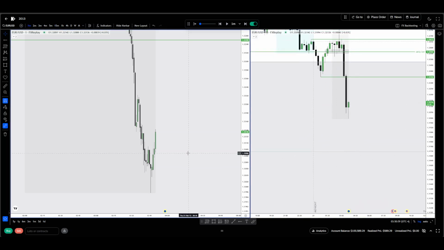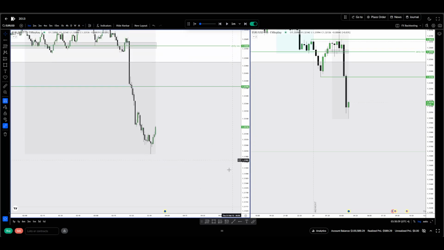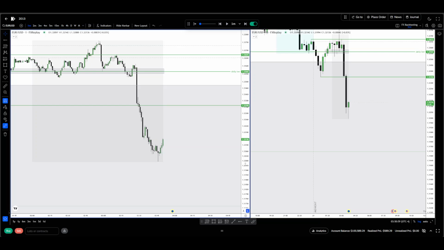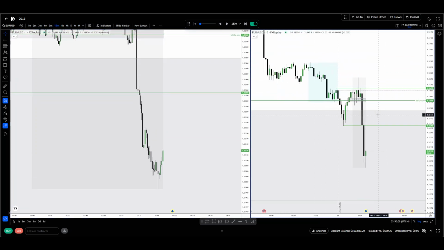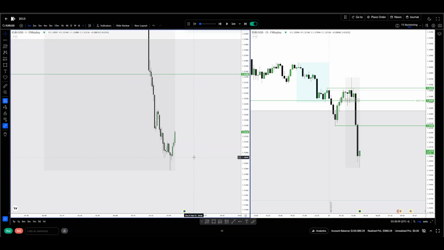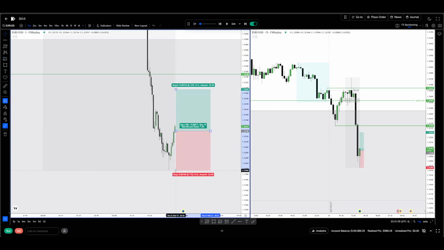This is the mean threshold. We have a break here, but I'm not going to trade this. Or I could try it. It took out this low, so I've got punished. And now maybe, let's try it. We broke out this high, and the fair value gap now.